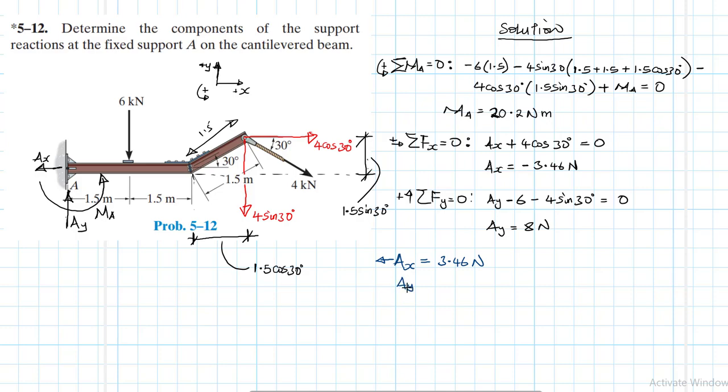We have AY, the same direction maintained, equal to 8 kilonewtons. Sorry, I was indicating them just as newtons; these were supposed to be kilonewtons.